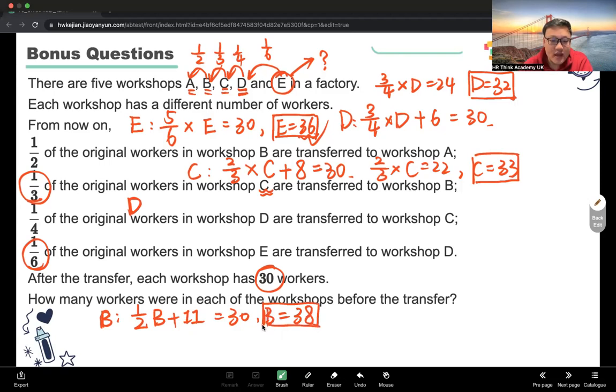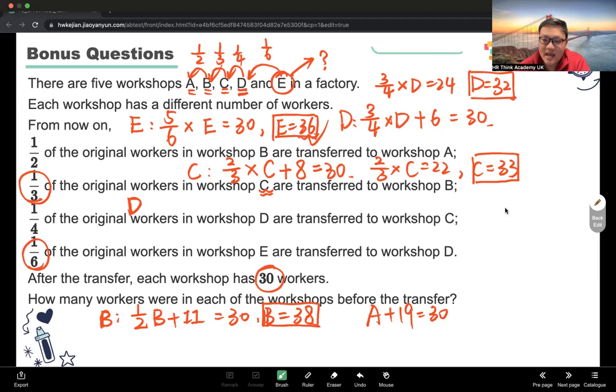Now let's go to A. Let's solve the question. A is going to receive half of B from B, and you got 30. We know that B is 38. So that means A plus half of B, which is 19, equals 30.